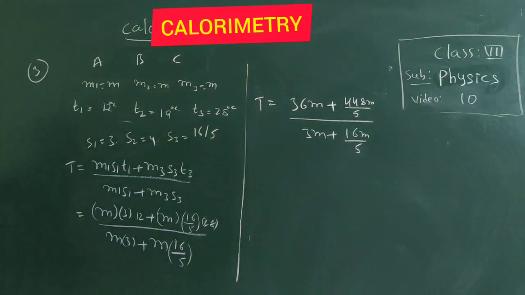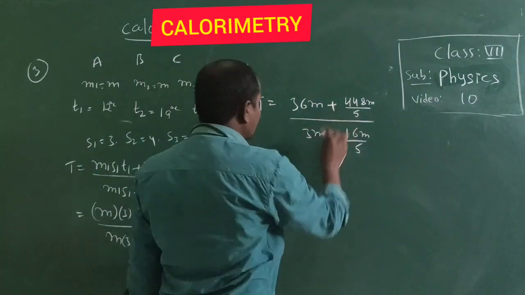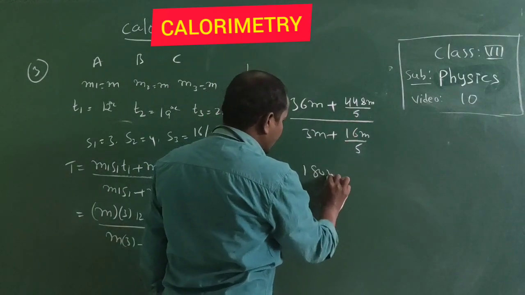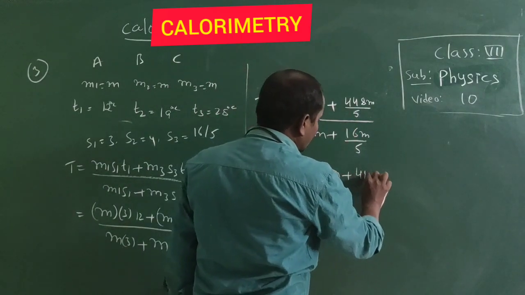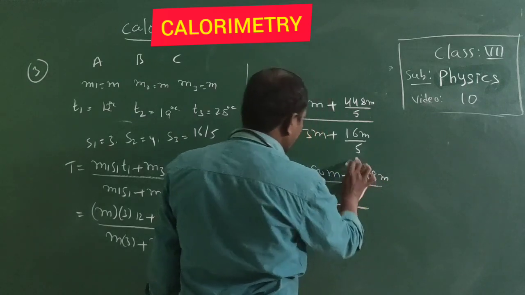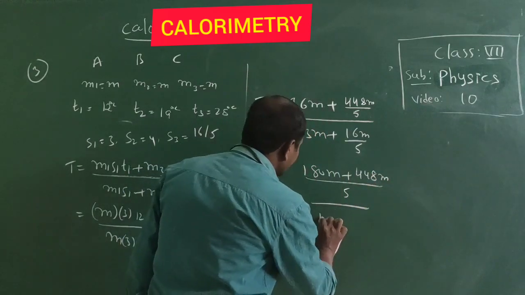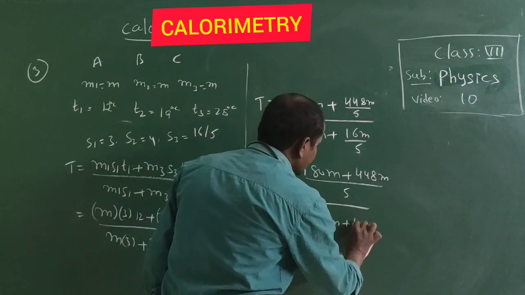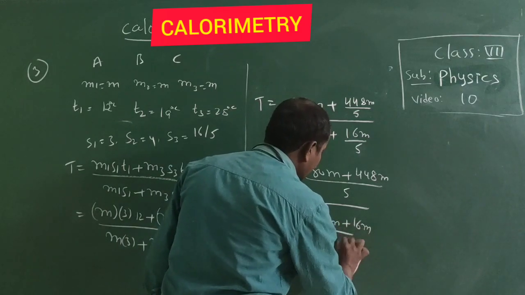5 into 36 is 180, so with LCM 5, it is 180M plus 448M by 5, over 15M plus 16M by 5.